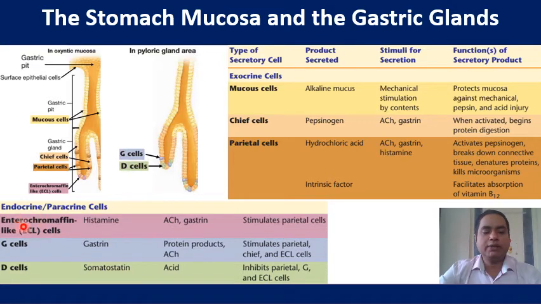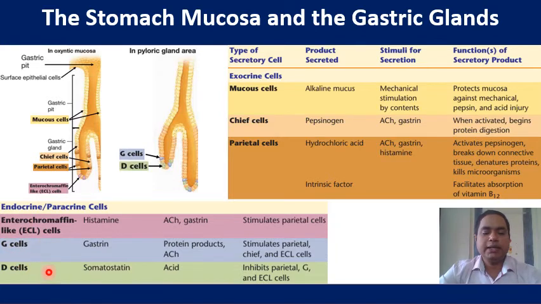The enterochromaffin-like cell present in the oxyntic mucosa releases histamine after stimulation by acetylcholine and gastrin, and the histamine stimulates the parietal cells. The G cell, when stimulated by the protein products and acetylcholine, releases the gastrin hormone, and the gastrin stimulates the parietal cells and chief cells as well as the enterochromaffin-like cells.